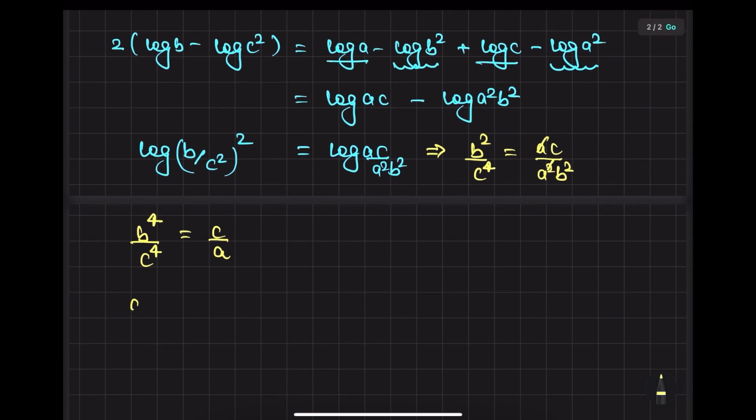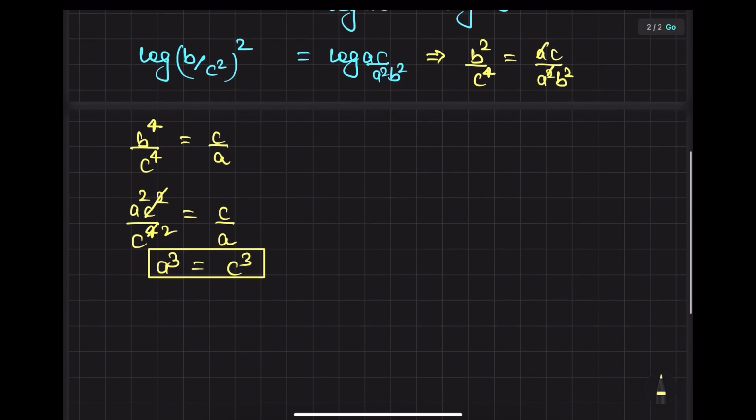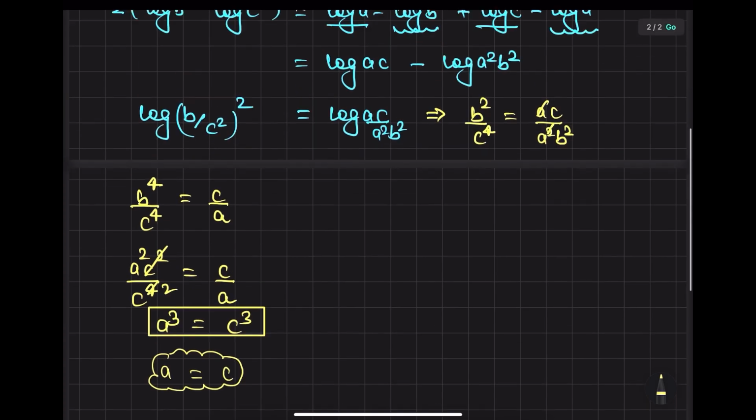So can I write AC square by C power 4 and then C by A? Now two things are gone. Can I write A cube equals C cube? So if A cube equals C cube, can I write A equals C? A and C are equal.